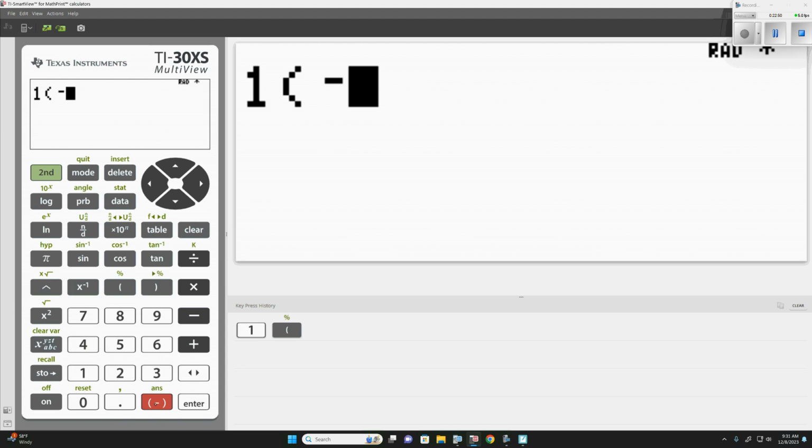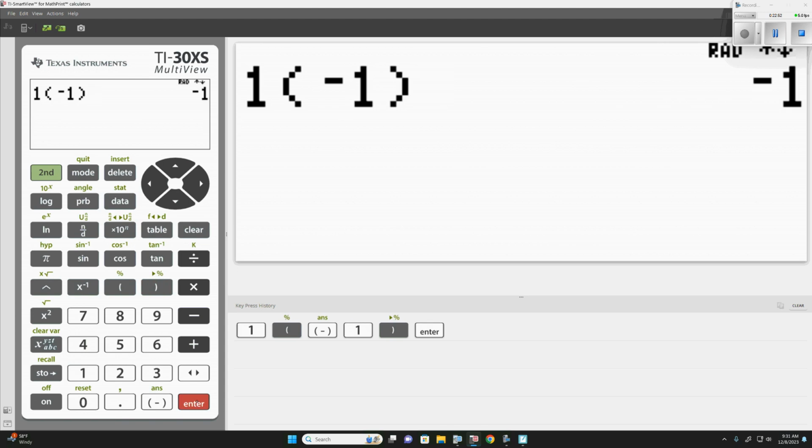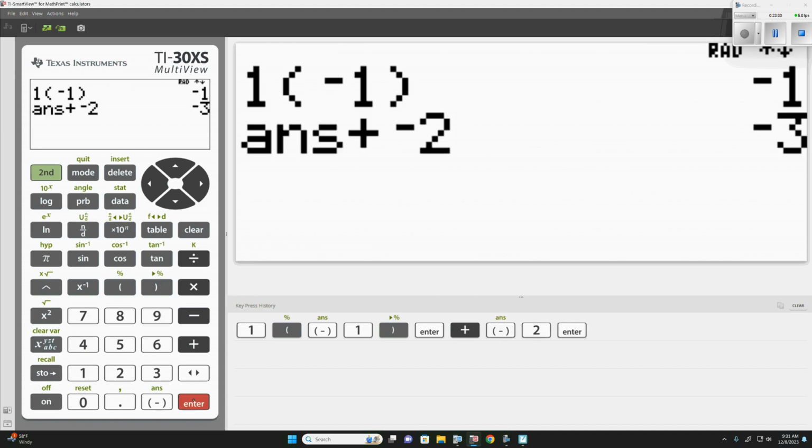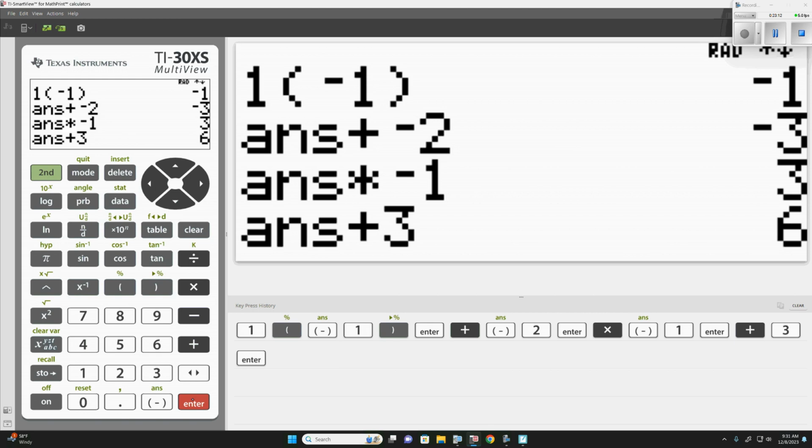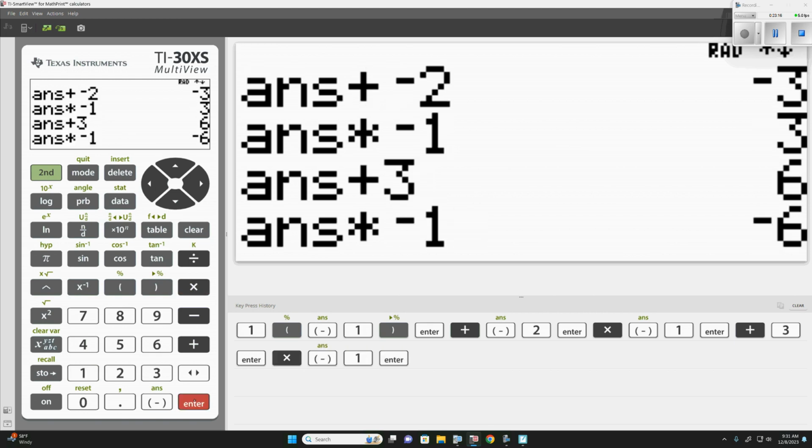So, in the last one, our first one was 1 times -1, yes? And we got that there. We put it under the -2, and so we added -2 to it, yes? Then we multiplied it by -1. The 3 went under the 3, yes? So if we add it to 3, 6 below the line, then we multiply it by -1.